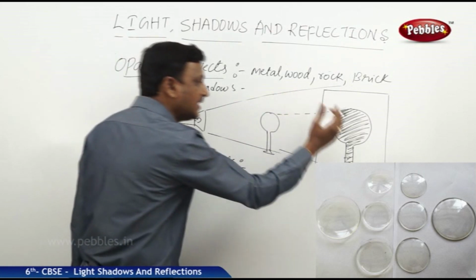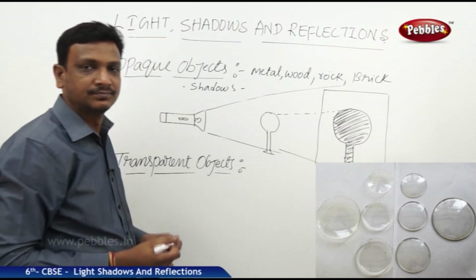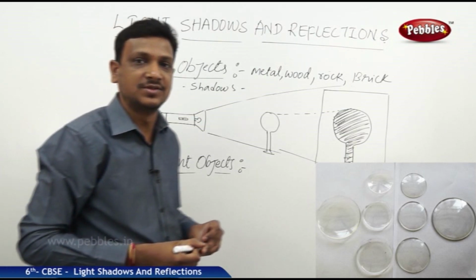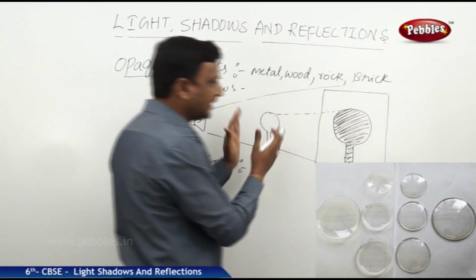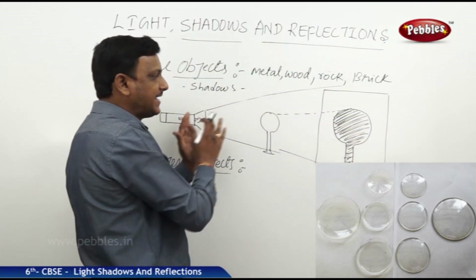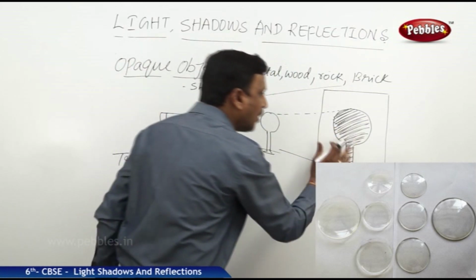The shadow is falling in the sense that the light is not falling here, that's all. Shadow is nothing but the absence of light. The light is falling on the cardboard. In the earlier case, when this was not there, the light was falling completely on the cardboard. Now the light is not falling in this area.